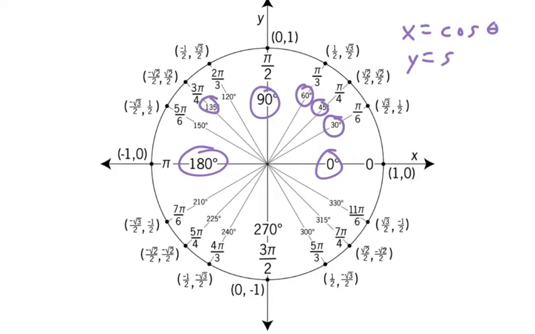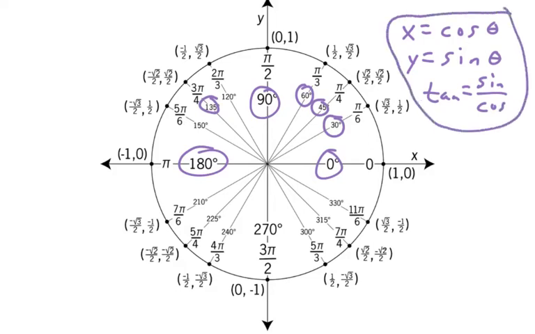Y is the sine of angle theta. And tangent is the ratio of the sine over the cosine. And you ought to memorize instantly those three facts, okay?